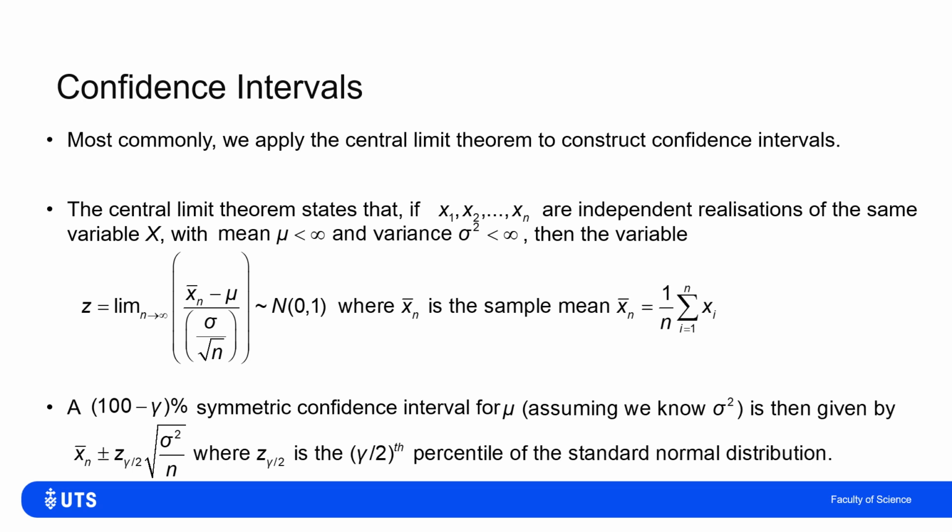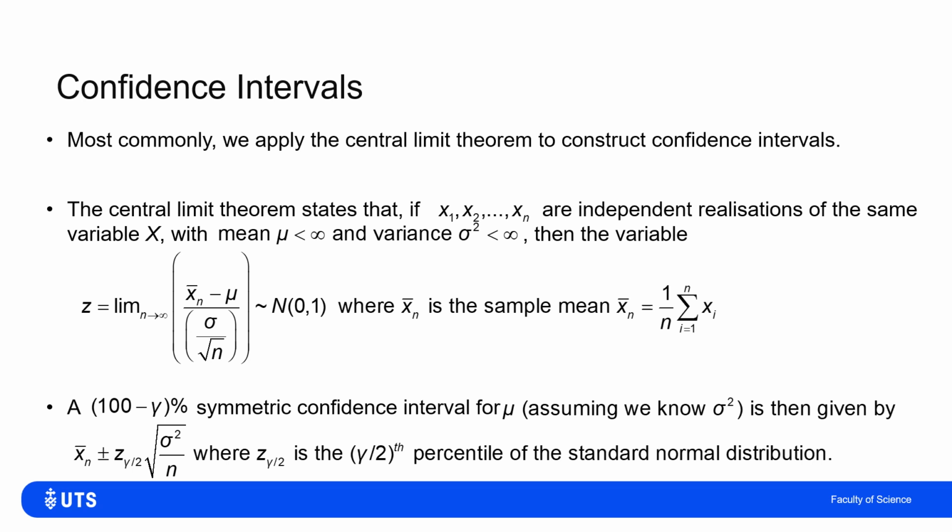So what this means is if I want a confidence interval, let's say 95% confidence interval, if I know the variance and I want a symmetric confidence interval for the mean, then I can say, well, my confidence interval for the mean will be the sample mean plus or minus the Z score for the appropriate confidence interval.